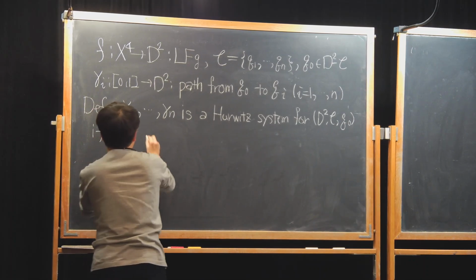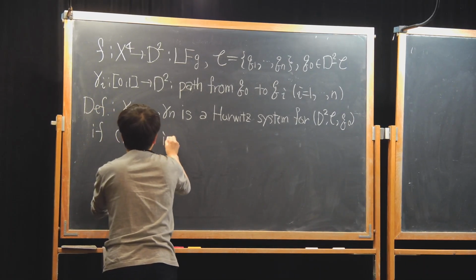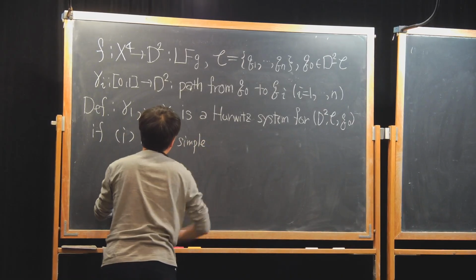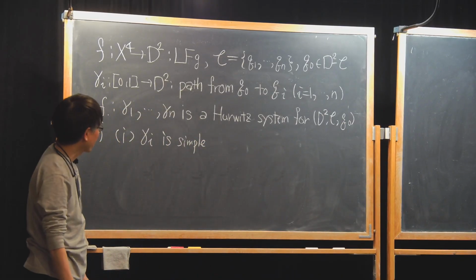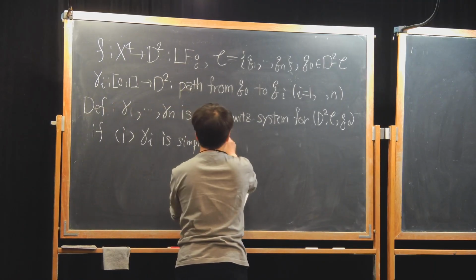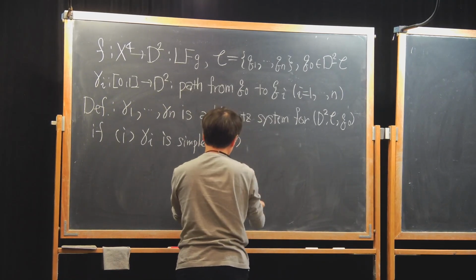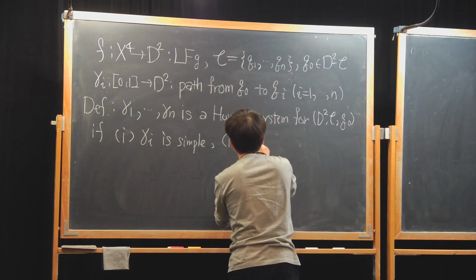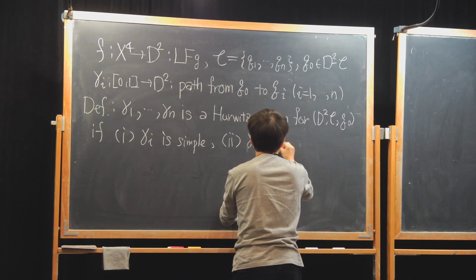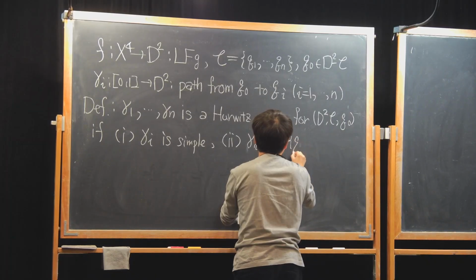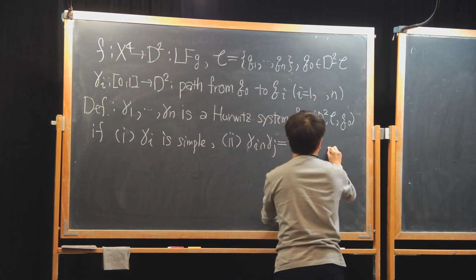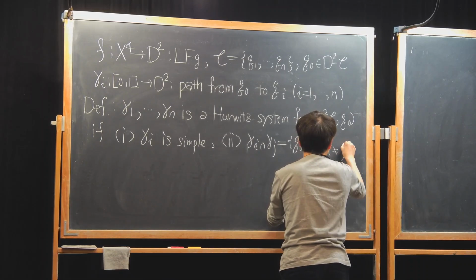First, gamma i is simple. That is, it has no self-intersection. Okay? Second, the intersection of gamma i and gamma j is a single point, Q0, if i is not equal to j.